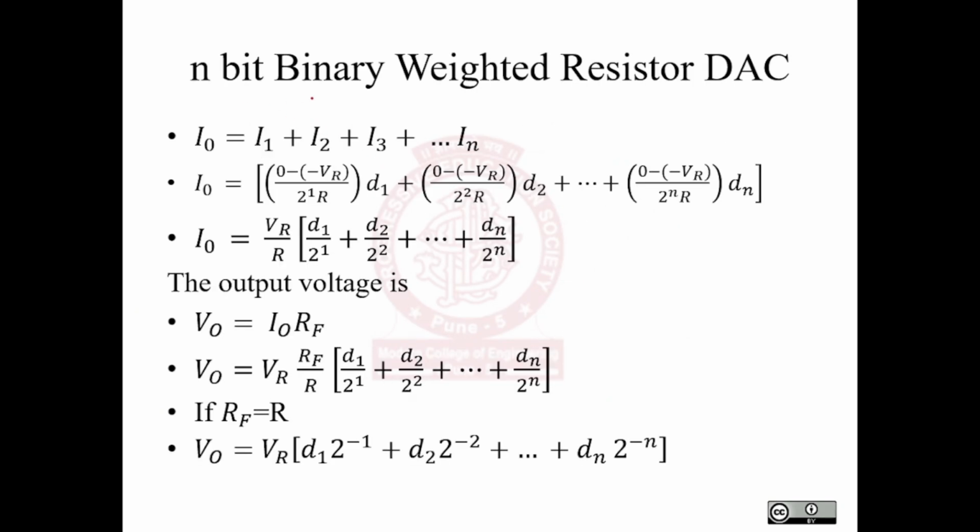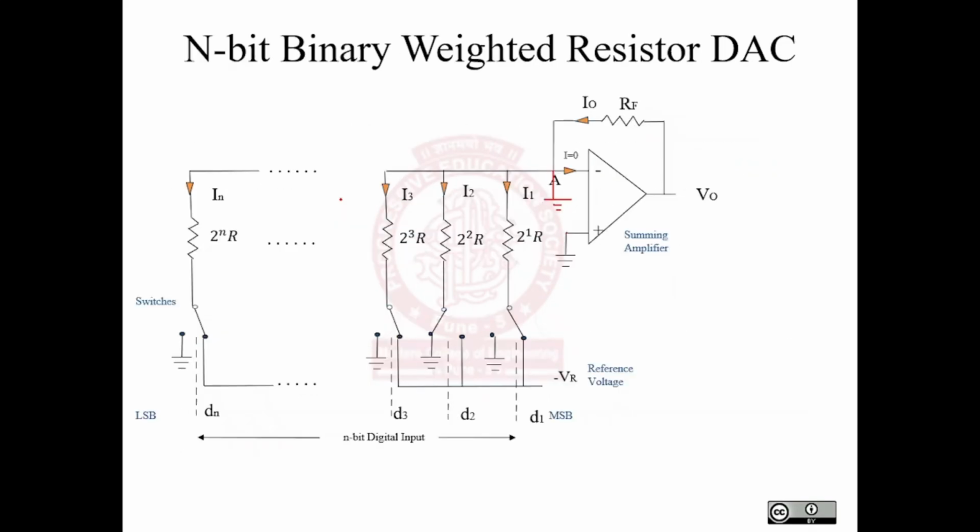Then for the n-bit resistor DAC, this is how we find out VO. As we have seen, IO is equal to I1 plus I2 plus I3 plus so on up to In. Now to write the values of I1, I2 in terms of voltage and resistor, I1 is written as 0 minus of minus VR upon 2 raised to 1 R. As we had discussed, this point is 0.